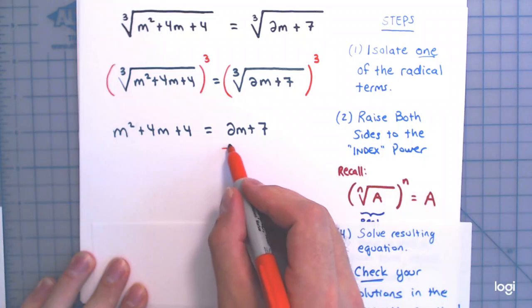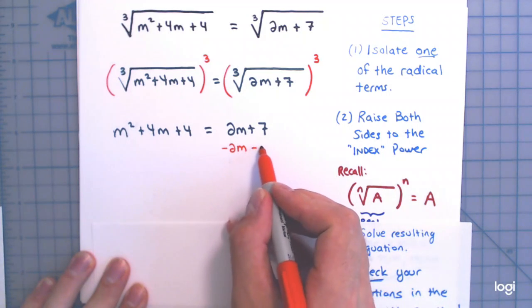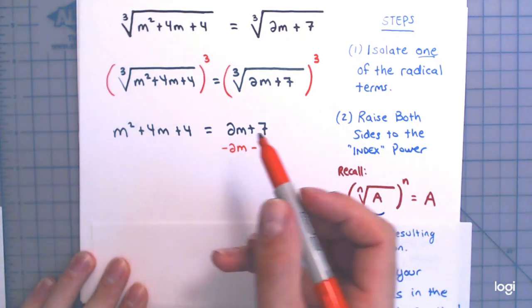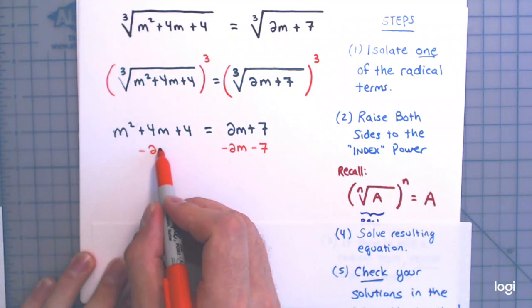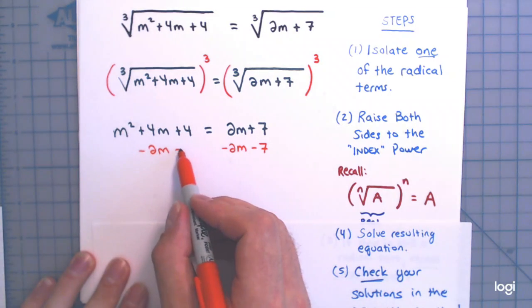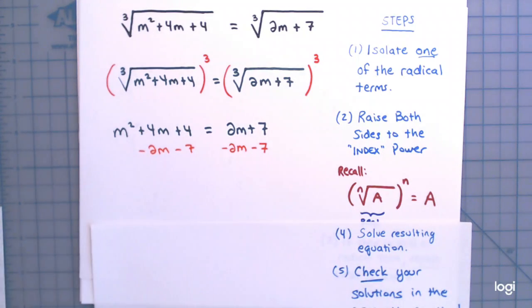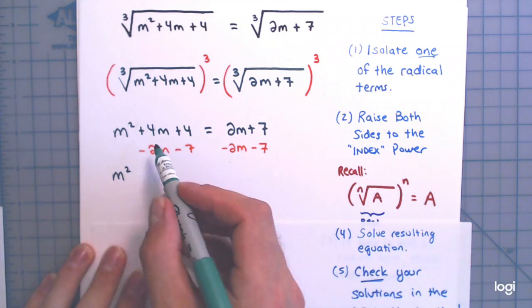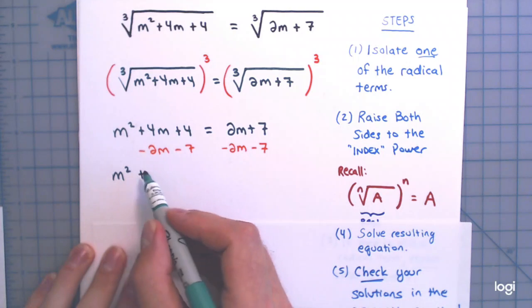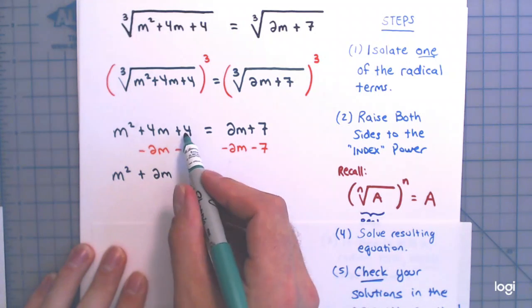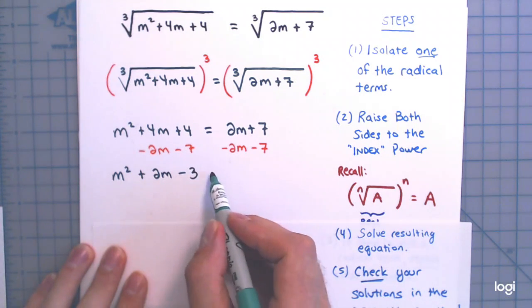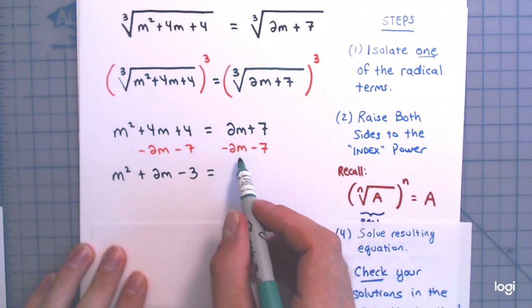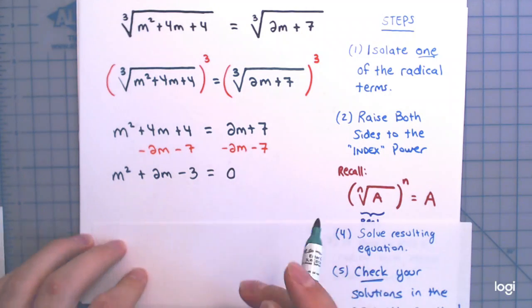So I'm going to take away the 2m and the 7 from this side, to take everything to the left. So on the left side, I have m squared plus 2m, and then 4 minus 7 is negative 3, equals 0.